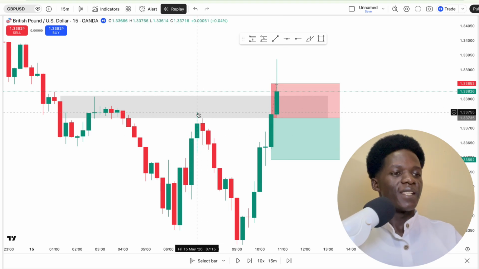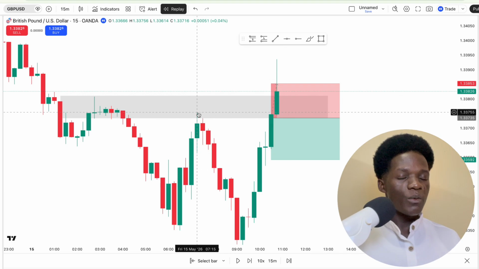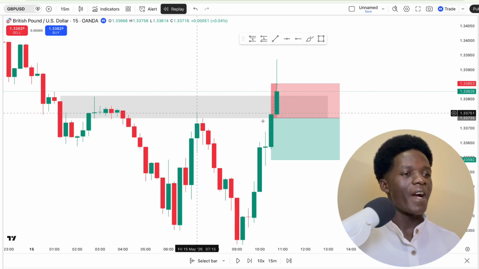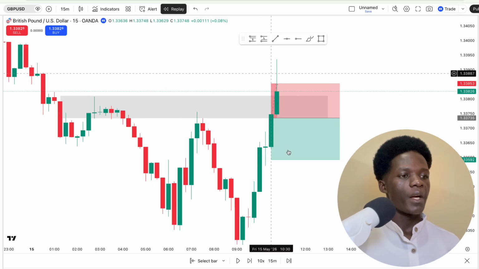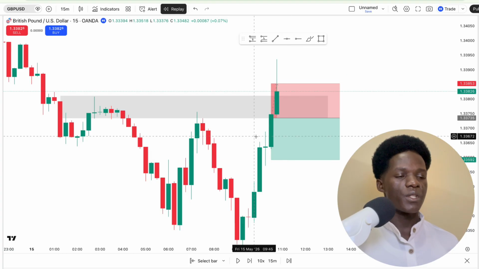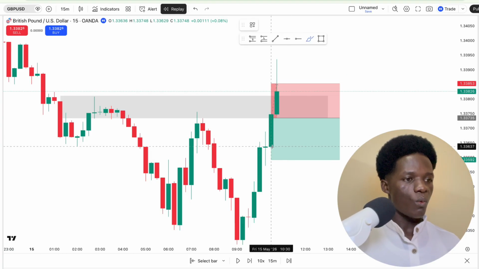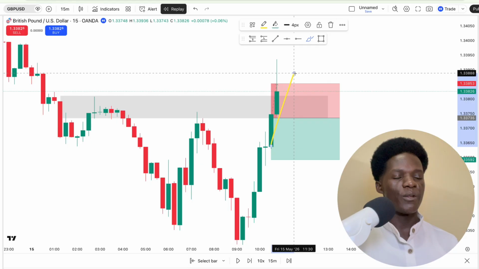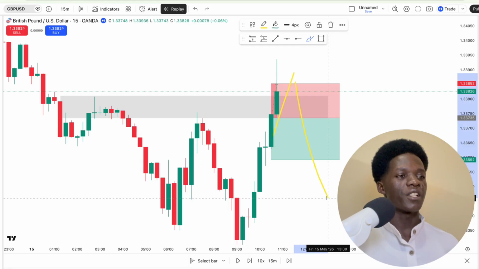Just because this key resistance level is strong, it does not mean that price will respect it. It doesn't mean that price will respect your key resistance level and just crash down. No, the price sometimes will burst through your key resistance level before crashing down.